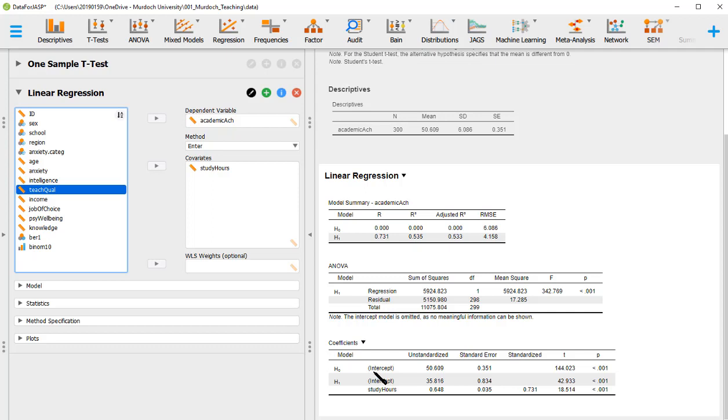So that's the equivalent of the mean model that I explained. And you can see here in the coefficients, there is only one coefficient, which is the beta 0, 50.609, which is the mean, and it coincides with the previous analysis, and the standard error is also 0.351, which coincides with the previous analysis.